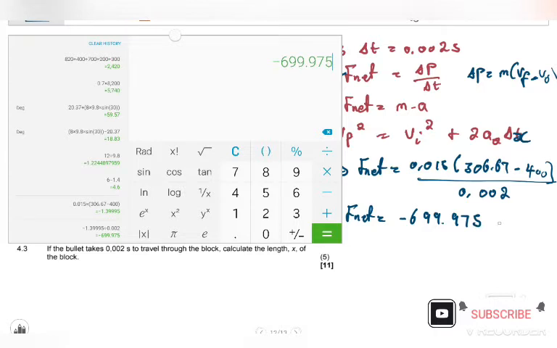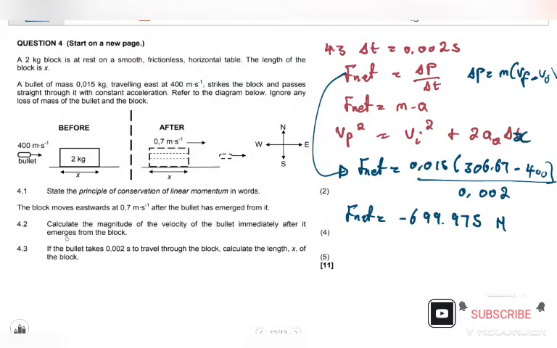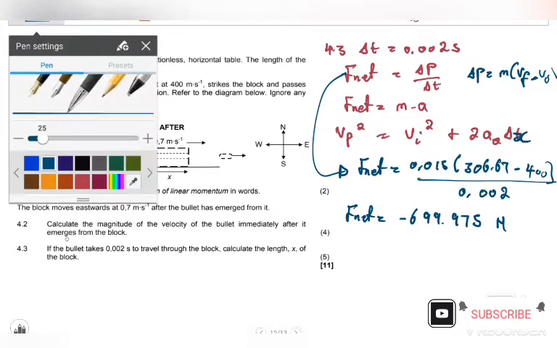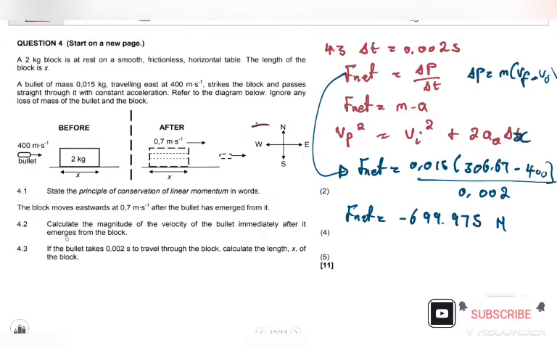The negative sign tells you that the force is pointing west, because we said that anything going to the right, east, is positive. So we can say F net is equal to 699.975 Newton west. Remember that this is a vector.